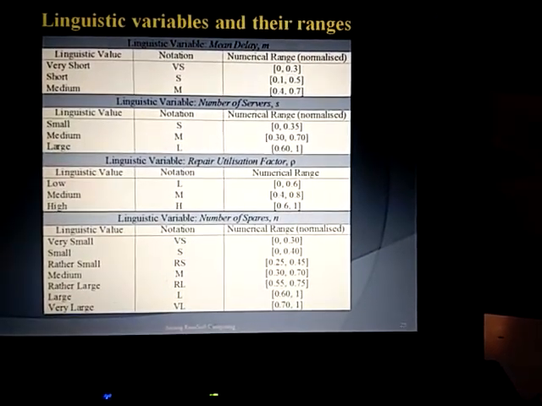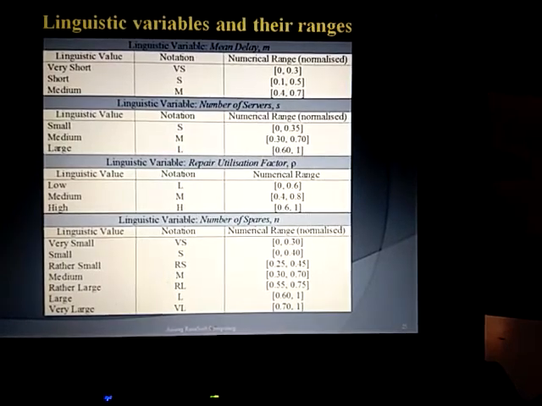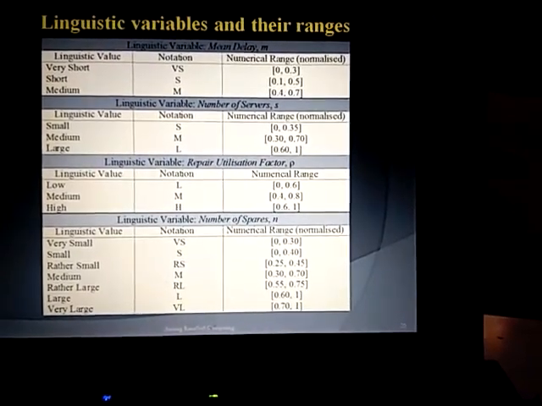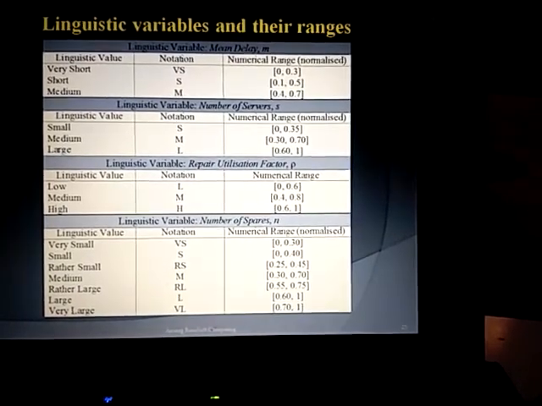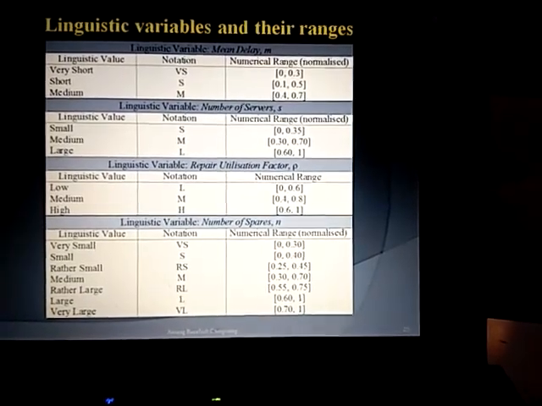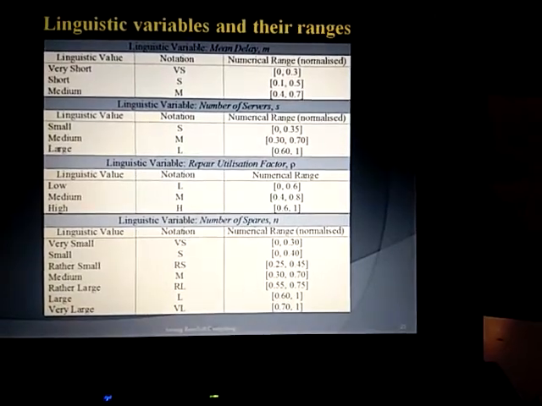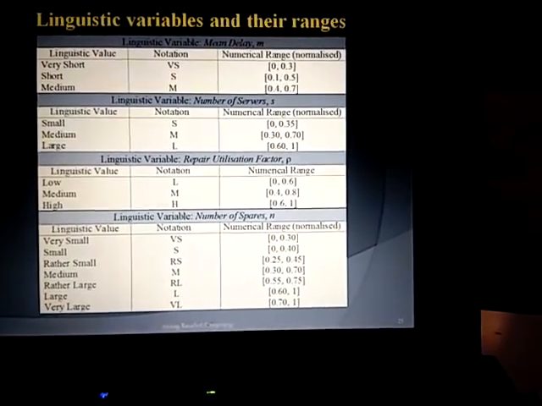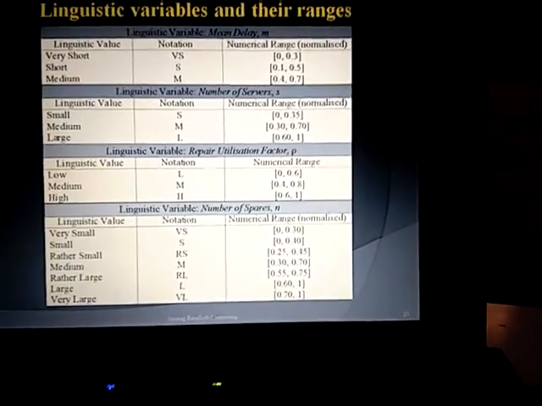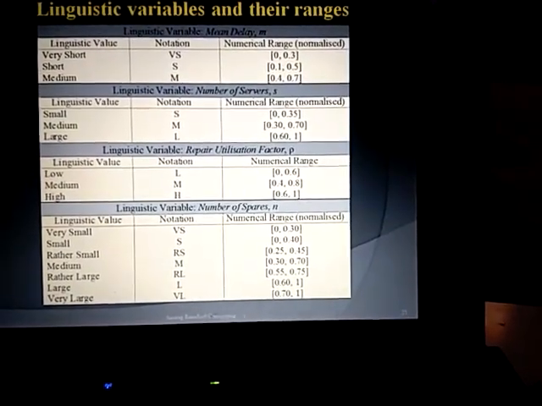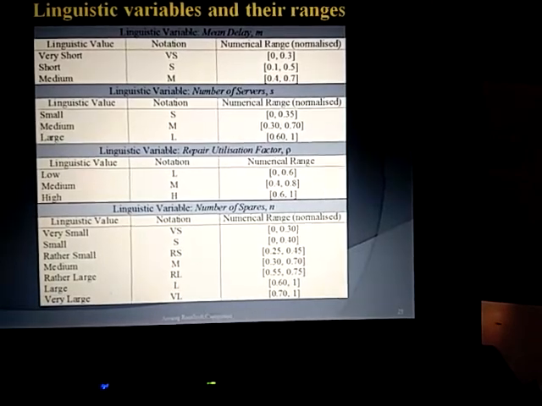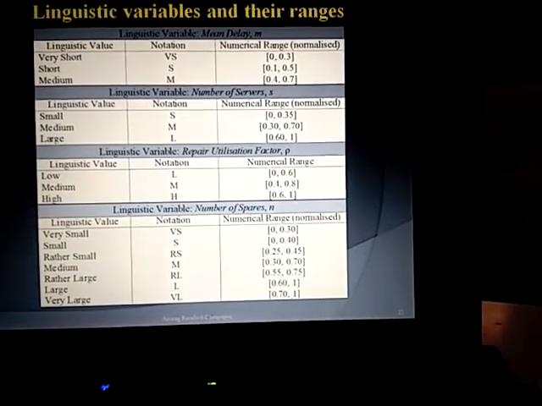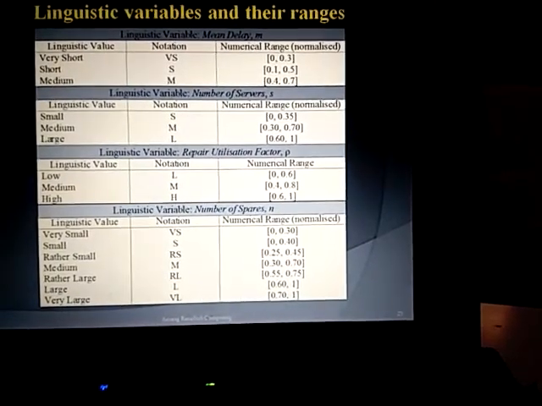For the linguistic variable number of servers, that is small, medium and large, with ranges 0 to 0.35, 0.30 to 0.70, and 0.60 to 1. Next is the linguistic variable repair utilization factor, that is low, medium, high, and that is the range. And next one is the number of spares, the linguistic variable, that is very small, small, rather small, medium, rather large, large, and very large, and that is the range of that linguistic variable.